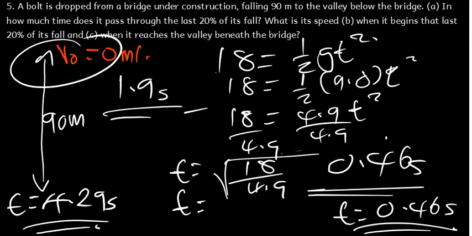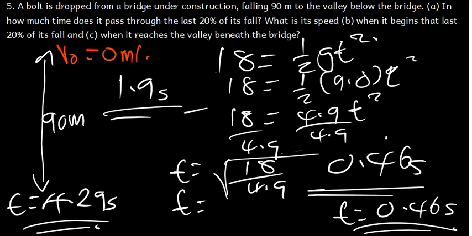Now sometimes the question is saying when it begins that last 20%, so they want us to find the time. So what was the time when it begins falling? If we take it to mean the first 20% when it begins to fall, the answer is 1.9.